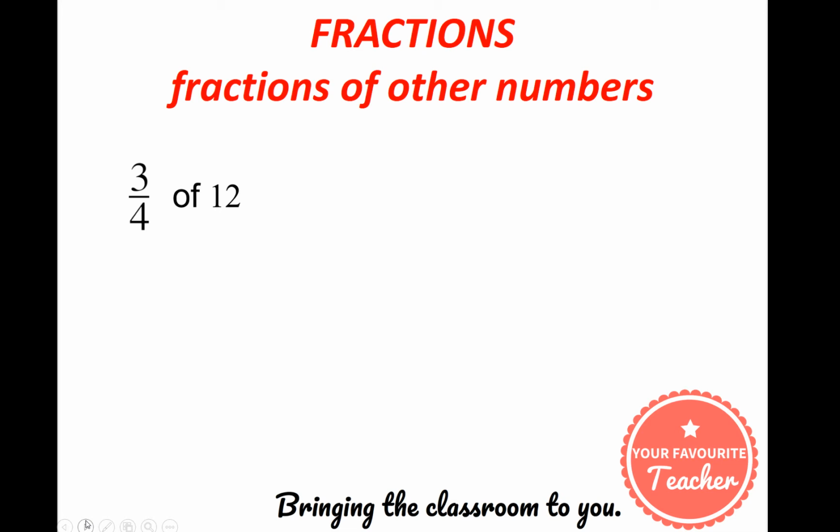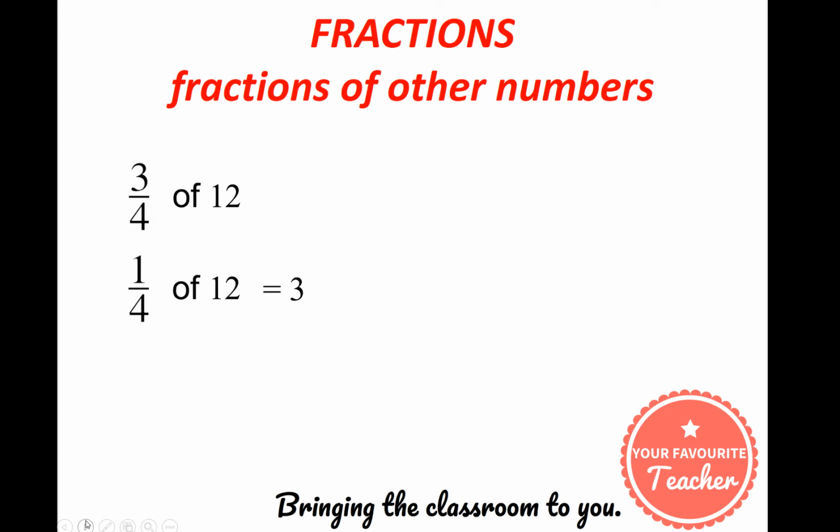So let's say we need to get 3/4 of 12. If I say 3/4 of 12, one of the ways I can do it is I can first say, what would be 1/4 of 12? And if I think about it, it would be 12 divided by 4.